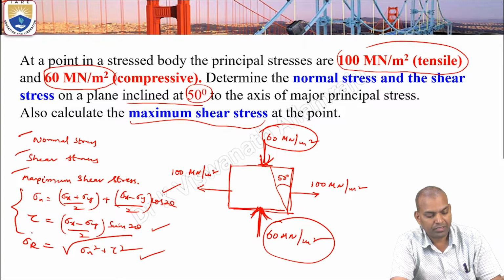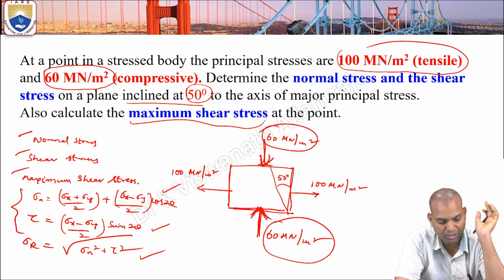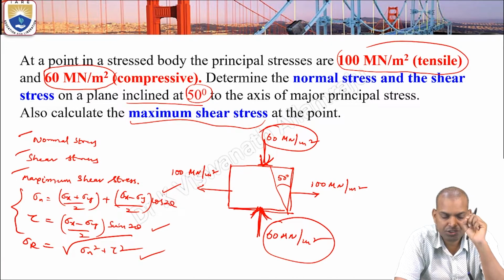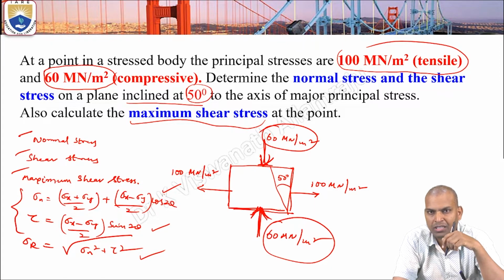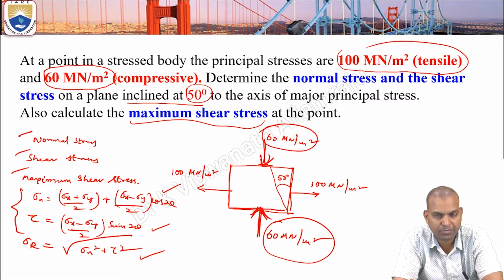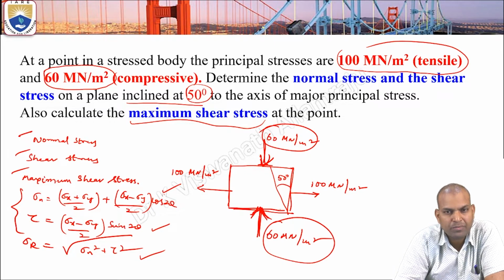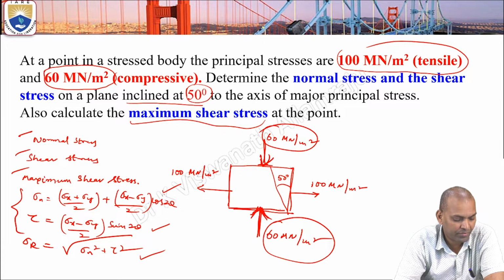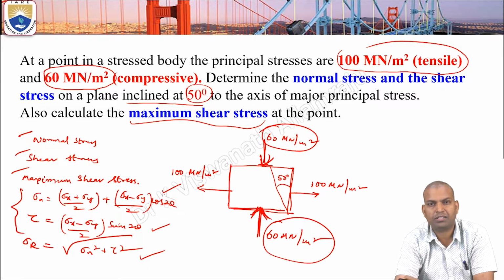These are the formulae for when sigma x and sigma y are tensile, and theta is the angle of inclination with the major principal plane, the major principal stress. Under those considerations, we proved sigma n equals sigma x plus sigma y by 2 plus sigma x minus sigma y by 2 times cos 2 theta, and the tangential stress tau equals sigma x minus sigma y by 2 times sine 2 theta.